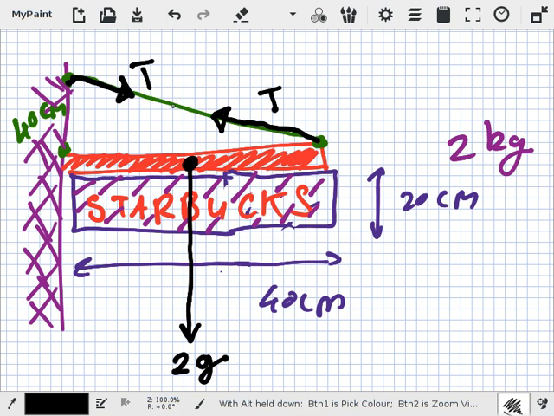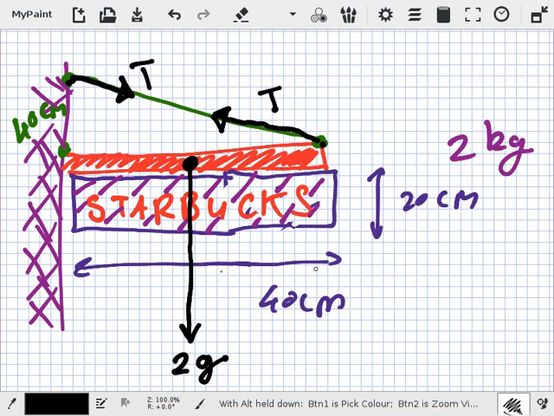But there's one more force I did not draw on my picture. And I wonder if anyone can see my missing force. Where though? Where should I put the missing one? Any ideas? Upwards, and what would be providing it?